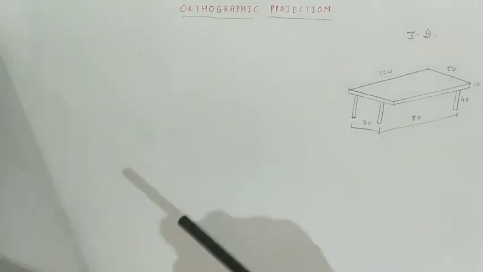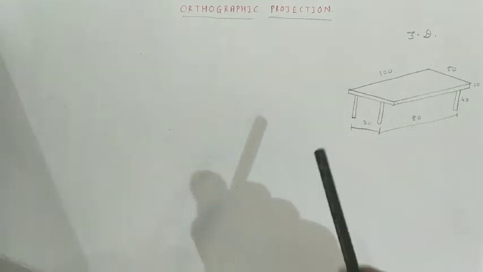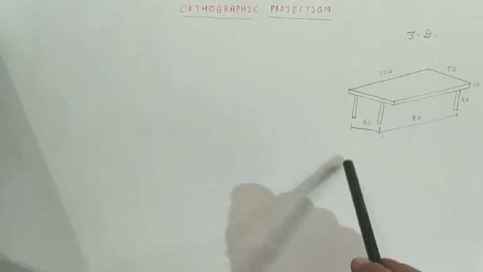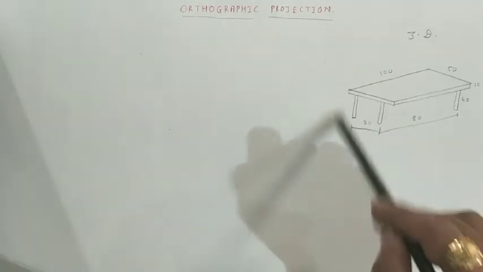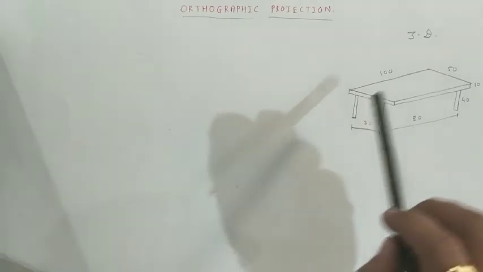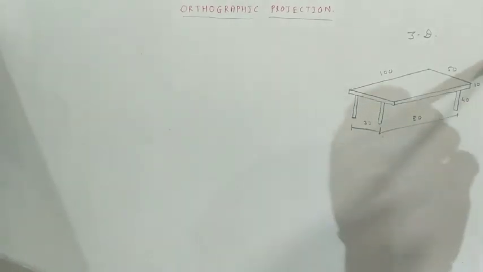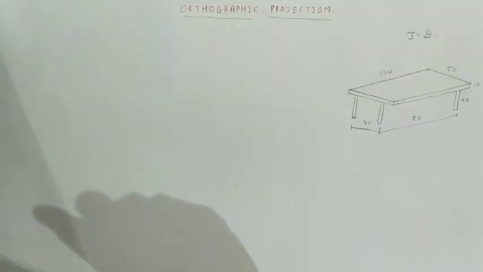Think on it. You can pause the video, observe the drawing and think on my question. Can you give me a table with this information? What information this drawing is not giving you, that we will see.